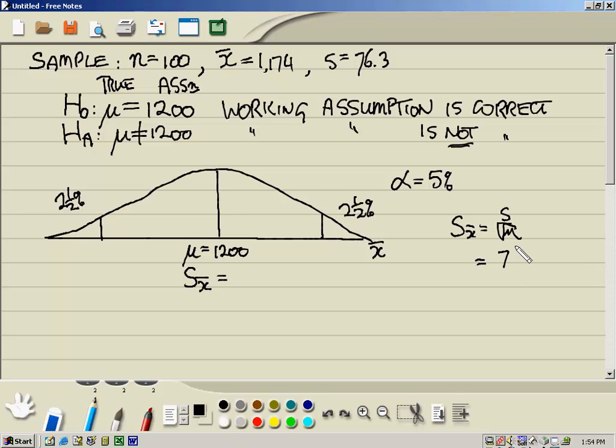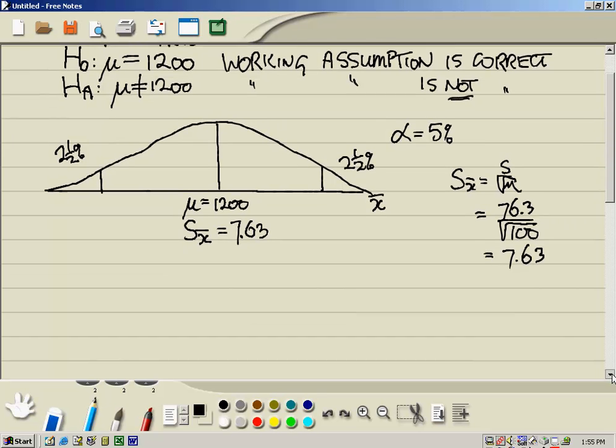S, 76.3, divided by the square root of the sample size of 100. The square root of 100 is 10, so divide 76.3 by 10 and we have 7.63. Okay, so the estimated standard deviation of this sampling distribution of sample averages is 7.63.